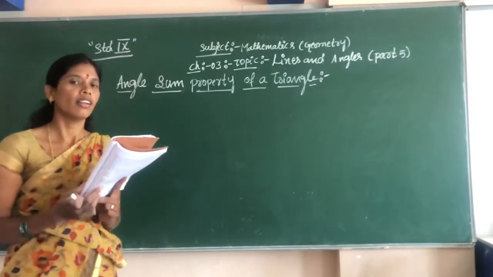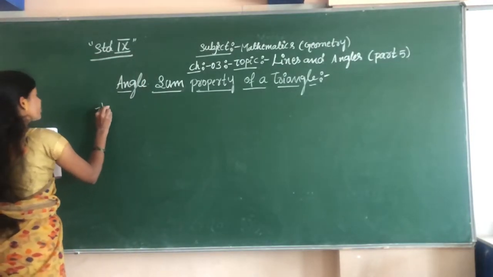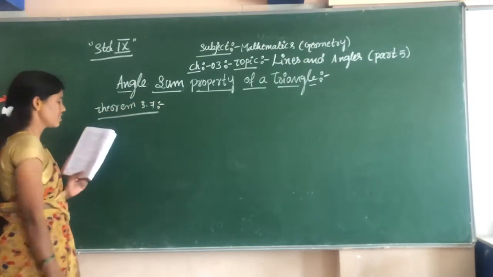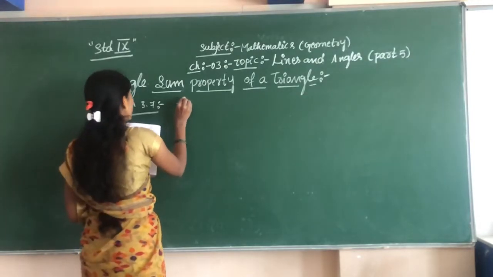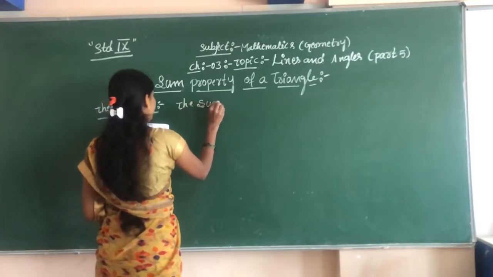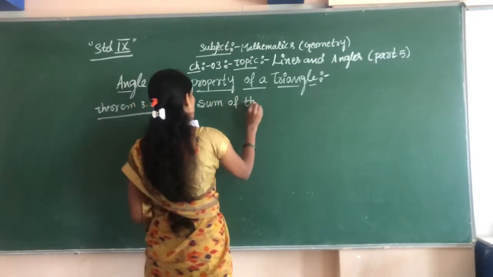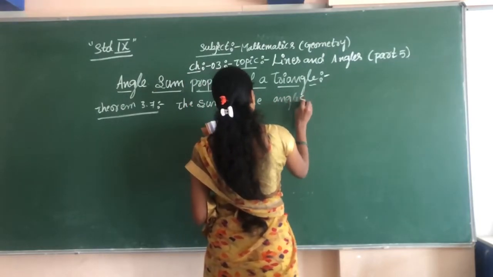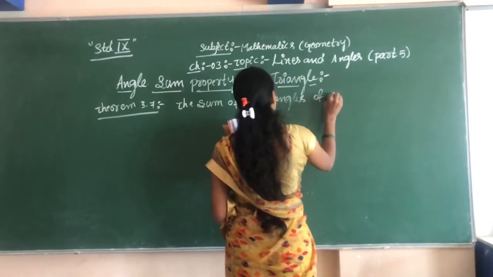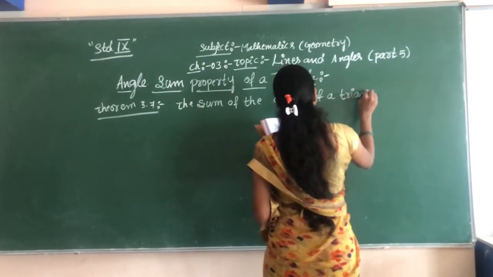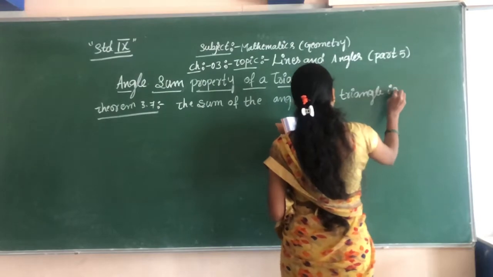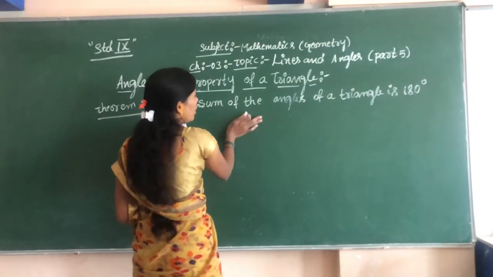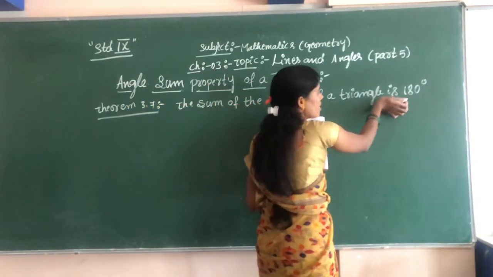So the theorem is Theorem 3.7: the sum of the angles of a triangle is 180 degrees.